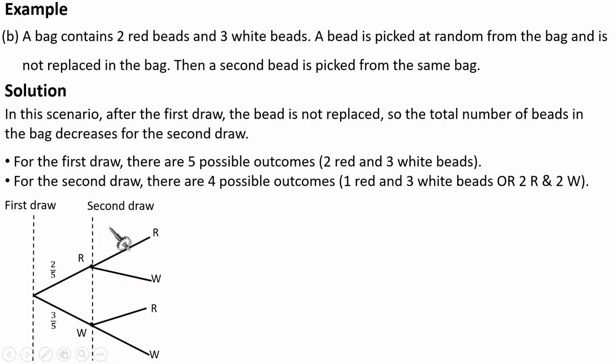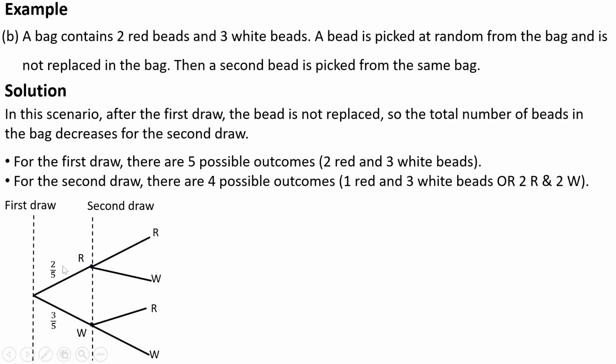Now if this is for the second pick, what we should understand is that for the first pick, the bead was picked and not replaced in the bag. So if we need to find the probability that it is red, we know that since we are on the red branch, the first bead which was picked was red.